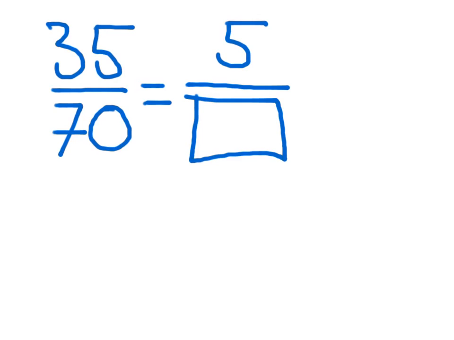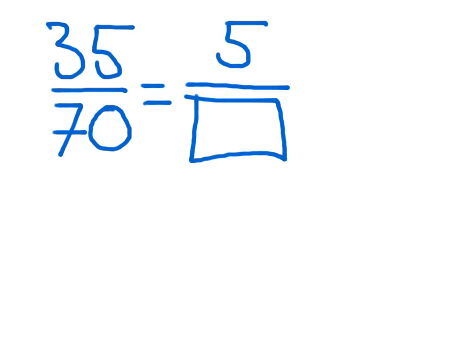We have another similar example, but in this case, the missing number's on the bottom, or it's the denominator. So let's use those same ideas to tackle this problem. So if I had 35, what would I have to do to turn it into 5? Well, if I multiply 35 by something, it's actually going to give me something bigger. So this one must be a divide.